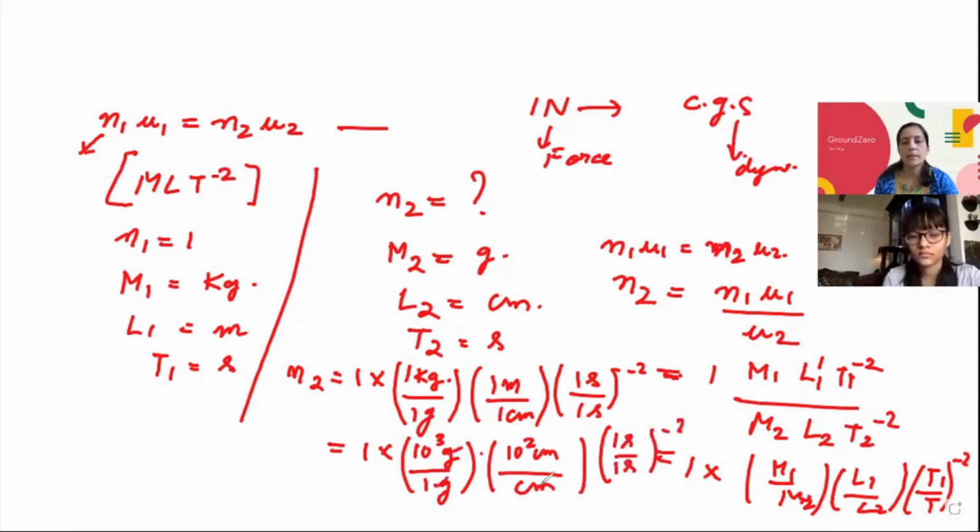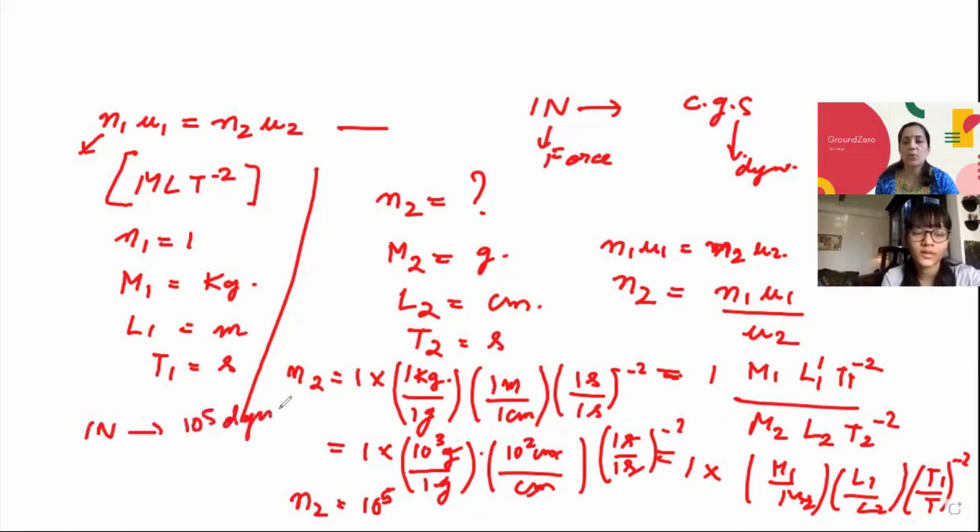Now 1 kg is how much? You substitute 10 to the power 3 gram. 1 meter is 10 to the power 2 centimeter. Gram gets cancelled, centimeter and second also. So the numerical value we get is 10 to the power 5 dyne. So 1 Newton is 10 to the power 5 dyne.